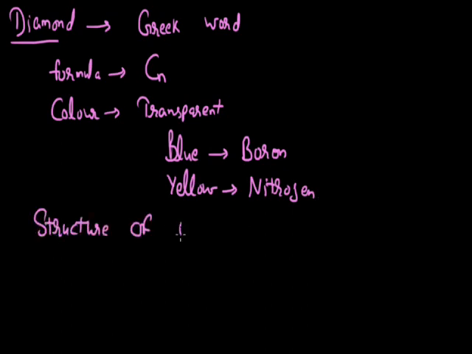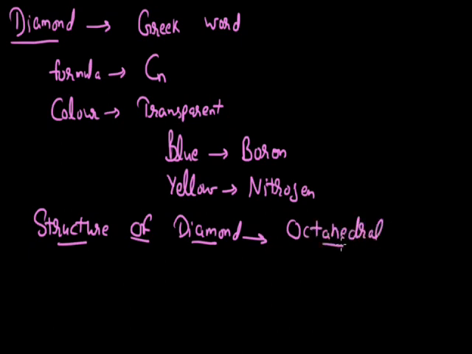So, after the brief discussion of diamond, now we will deal with the structure of diamond. Diamond crystals exist in the octahedral form. In nature, it is found in octahedral geometry. These octahedral crystals are formed by the regular arrangement of tetrahedral units of carbon atoms. In this crystal, carbon atoms are linked with 4 other carbon atoms in a tetrahedral manner, which can be shown by this kind of diagram.